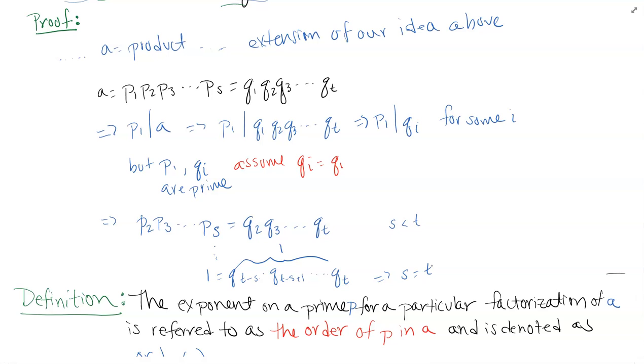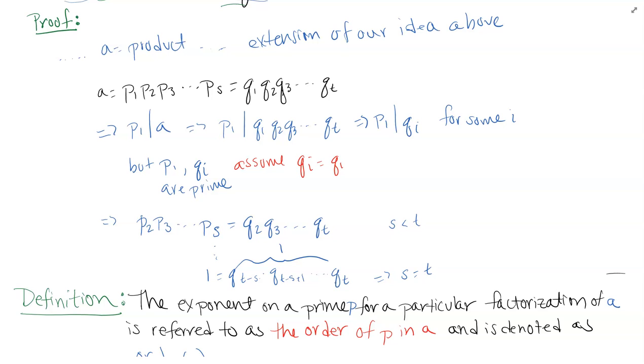Okay, so again, just to reiterate, for unique factorizations, assume two different ones, then you work with one factorization, and you'll continually divide out all the primes from both sides, and they have to divide because they're the same factorization of a number, and then you just repeat that division process until you're left with one side as 1 and the other side, if you have a product as 1 and you're working with integers, the only way this can be true is if all the remaining factors are 1, which then gives you that s is equal to t.